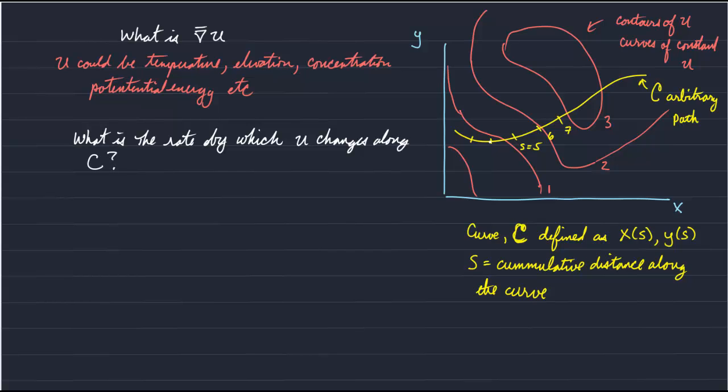So we want to know, as we move through our scalar field along this curved path C, how quickly does u change? And we can quantify that change by the derivative of u with respect to our cumulative distance. So it's the rate change of u per meter or foot of distance along the path.